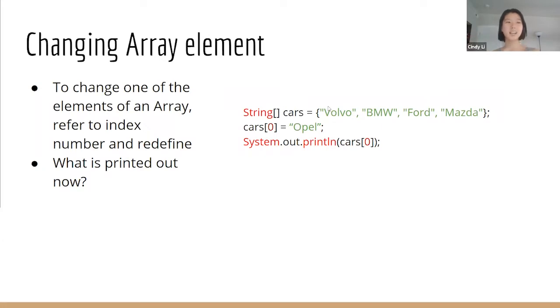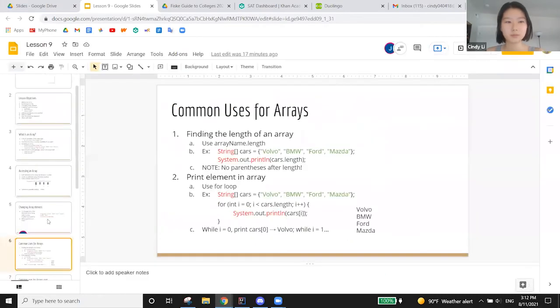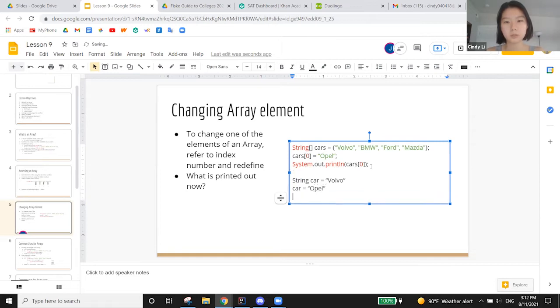Changing an element in an array is very similar to changing a variable. For example, if we have string car equals Volvo, and then we do car equals Opel, and then we do system.out.println car, it still prints out Opel.